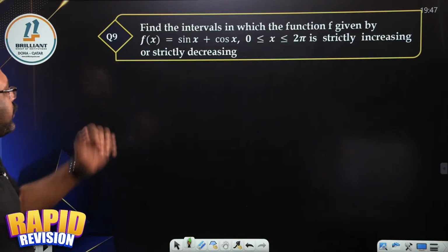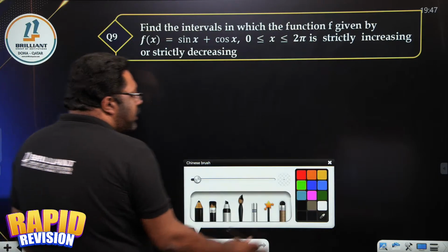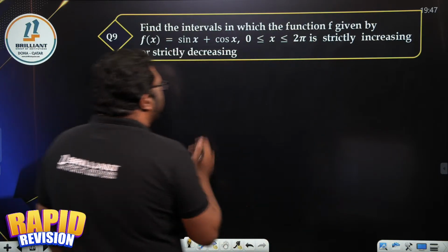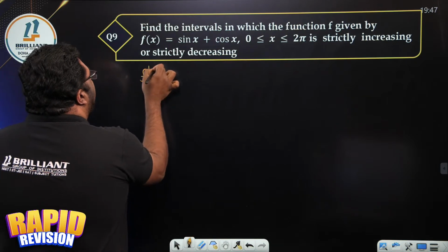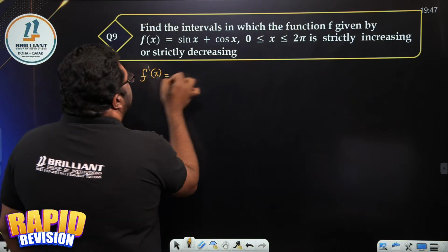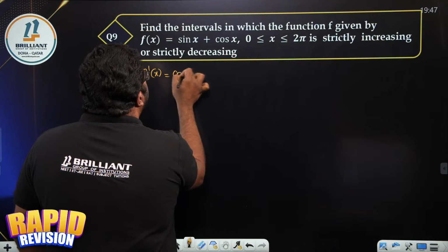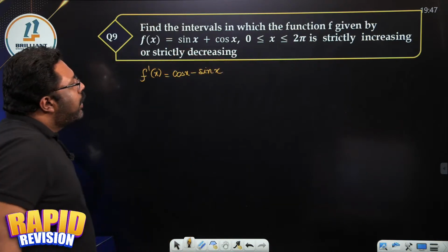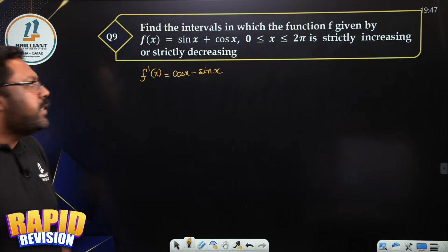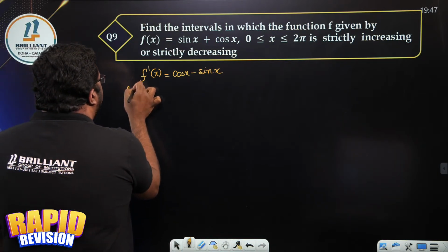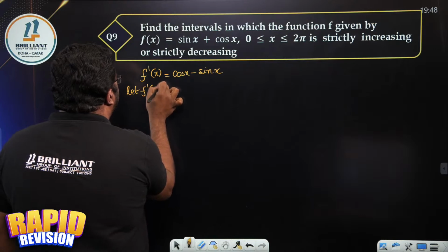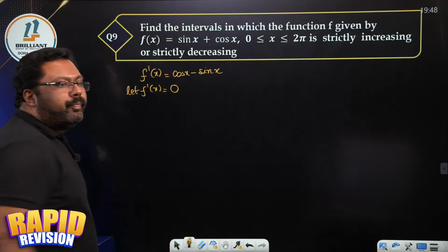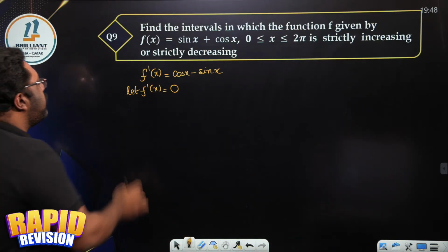Question 9. Sin x plus cos x is a standard question from your textbook only. F dash of x is cos x minus sin x. Let the first derivative equal to 0.